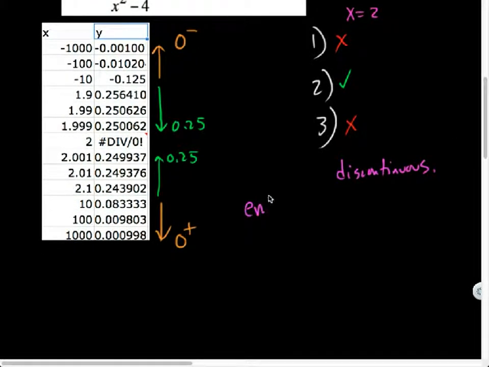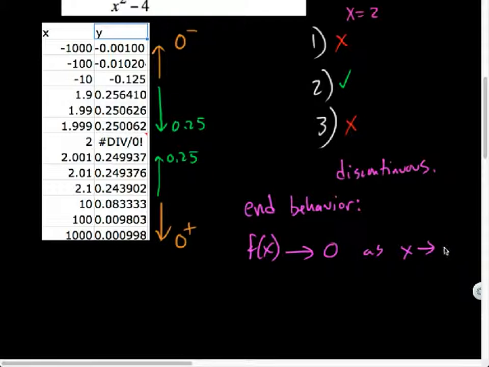It's analyzing what's going on with y as x gets really large or negative. I could use y, or I'm going to use f of x because they mean the same thing. So the output, or the y value, approaches 0. In this case, it is approaching it from the negative, but it's approaching 0 as x approaches negative infinity.